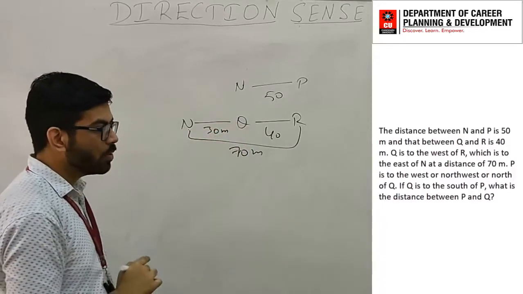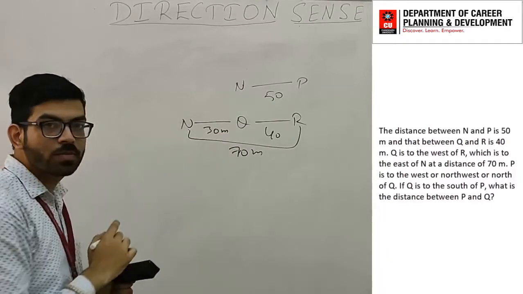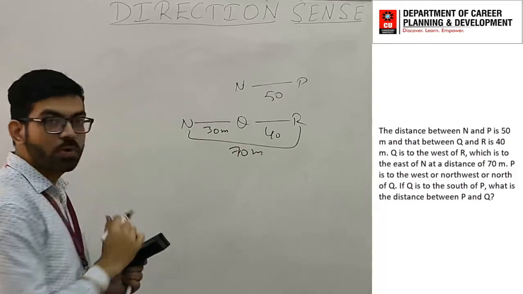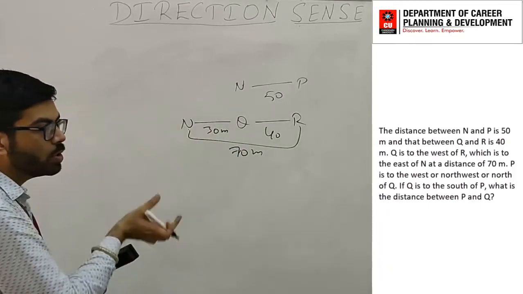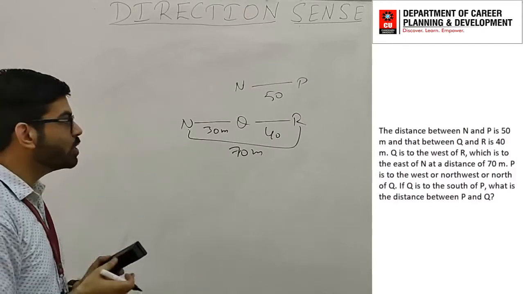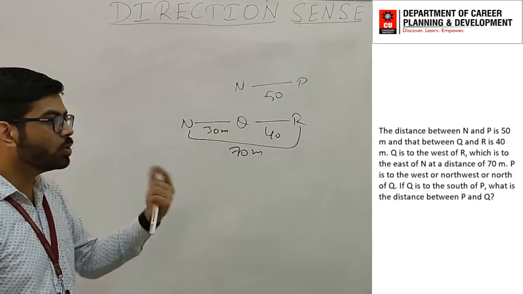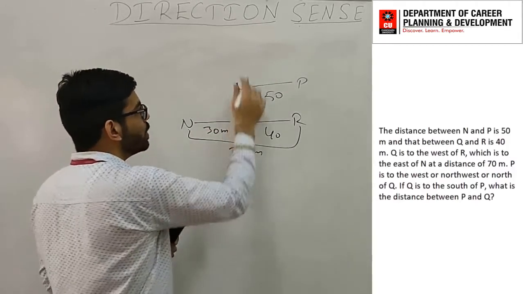Now move to the next line of the question. Next line says that P is to the northwest or north of Q, so direction is not specified. Move to the next line. Next line says that Q is to the south of P. If Q is to the south of P, that means P should be here.